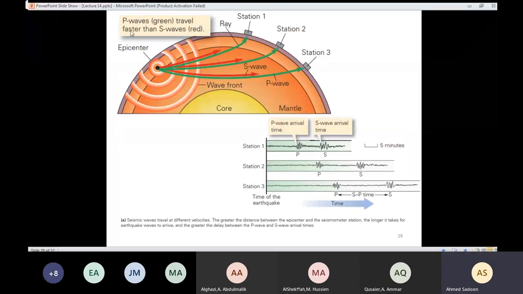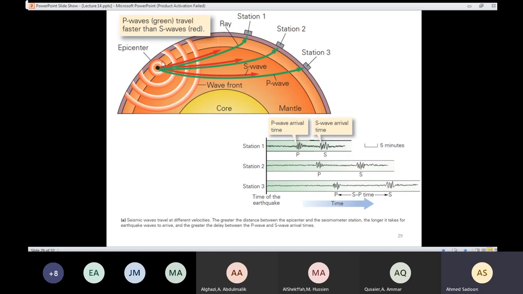Now, if I have the epicenter at that point and I want to record the waves, like we mentioned, we have 4 types of waves. We have the body waves, and in the body waves, we have the primary waves and the secondary waves. And for the surface waves, we have the R wave and the L wave.